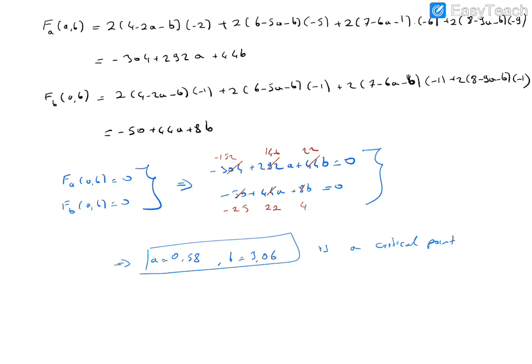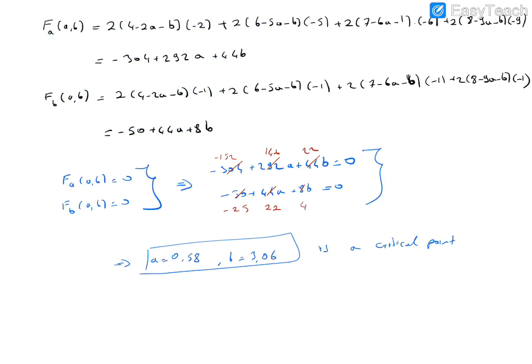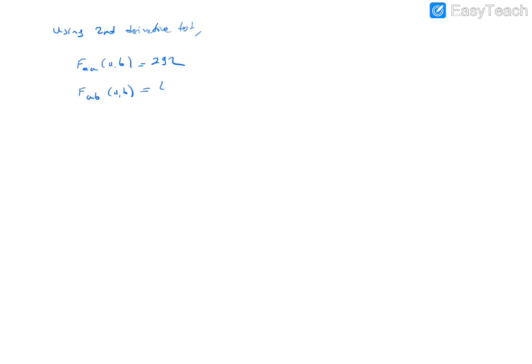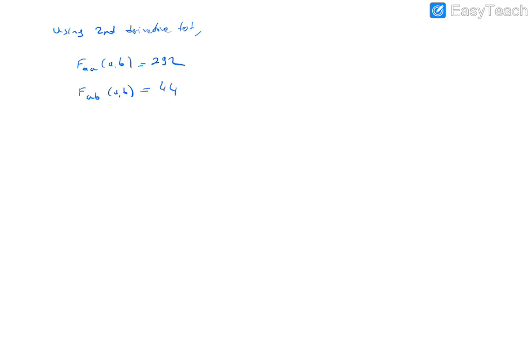This is 0, this is 0. 292. f_ab, also this equals f_ba, but this is okay. The derivative of f_b with respect to a, so 44. Also from here you can find 44. And f_bb at the point (a,b) is 8.